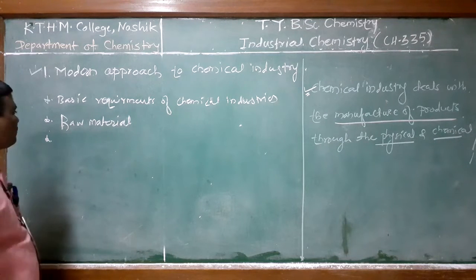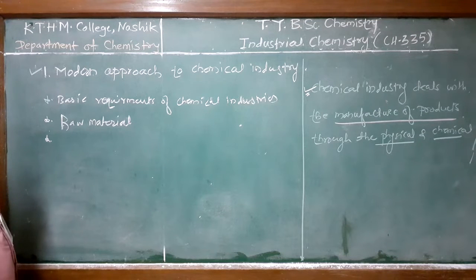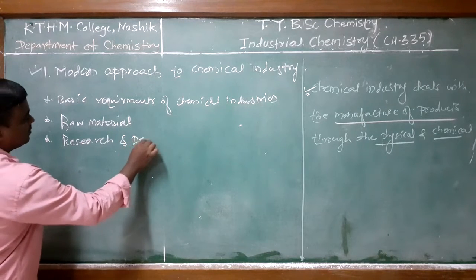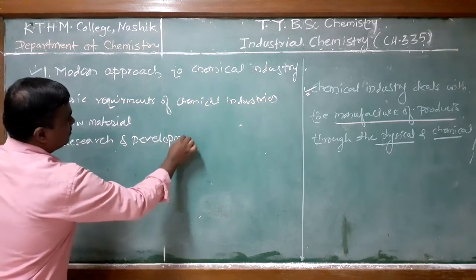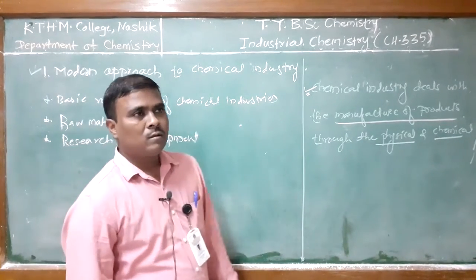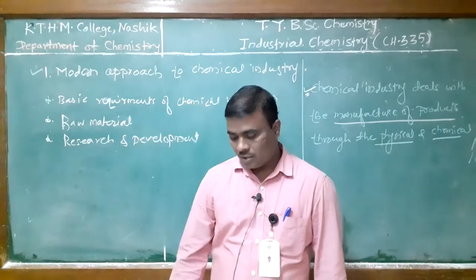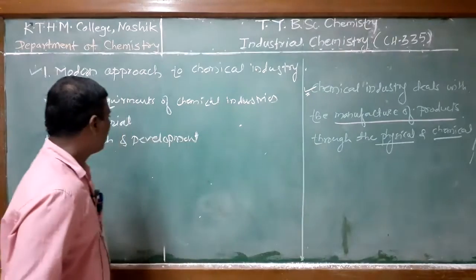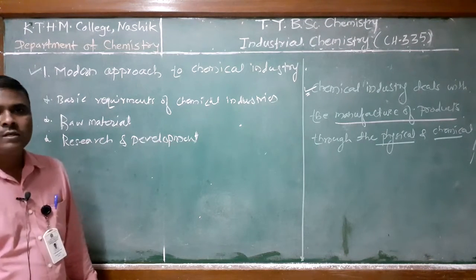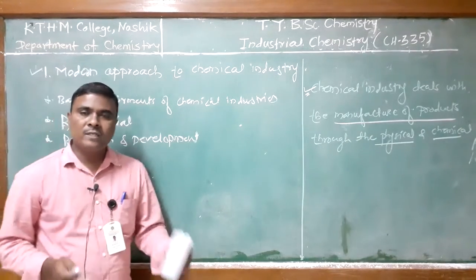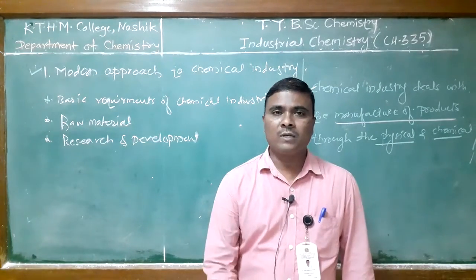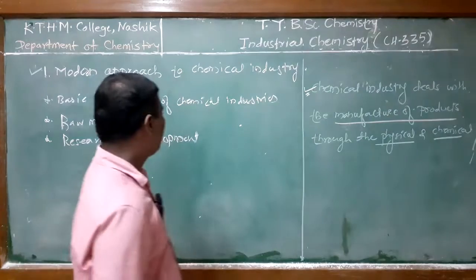The next point, research and development comes. It is also called R&D. We will discuss in detail the meaning and aspects of each term later on. In research and development, if you refer to the books, you may find the trend a little bit different, but this is actually the correct trend in chemical industry, while manufacturing any product.